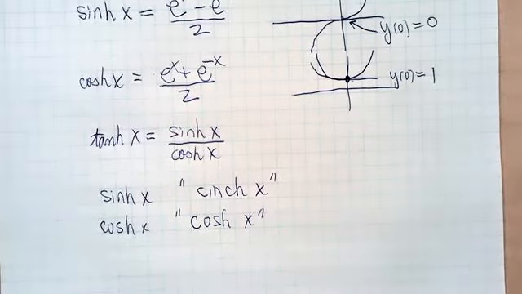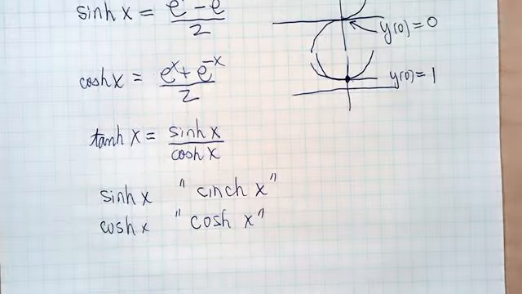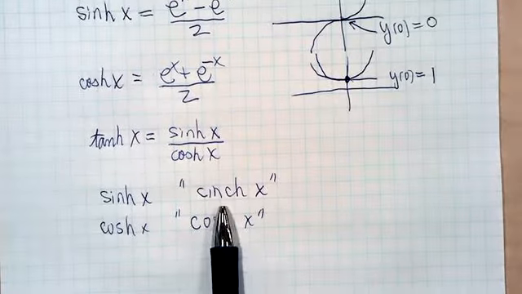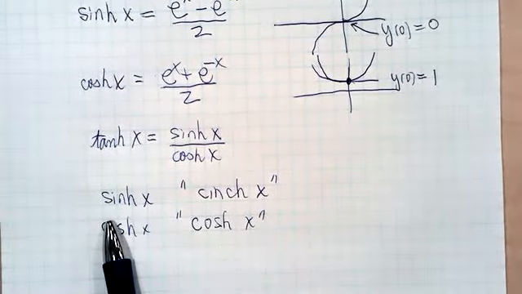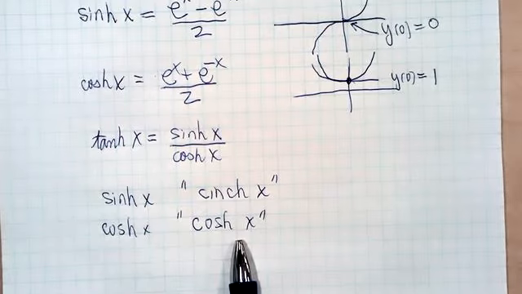It wasn't too long ago I was teaching this course and talking about homogeneous systems of equations, and someone corrected me on the pronunciation. Back when I was a student, it was pronounced the other way. So you can say it either way, I don't care. But I was taught to pronounce this because hyperbolic sine is kind of a mouthful, right? So people say sinh of x and cosh of x.